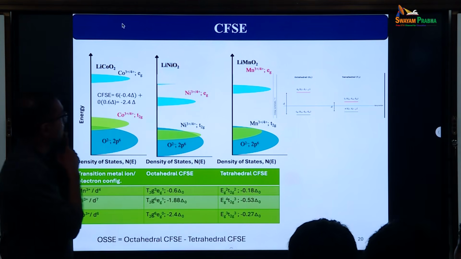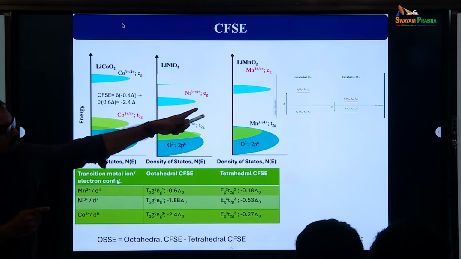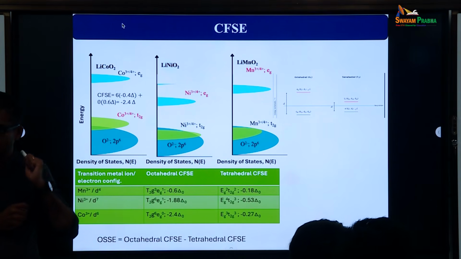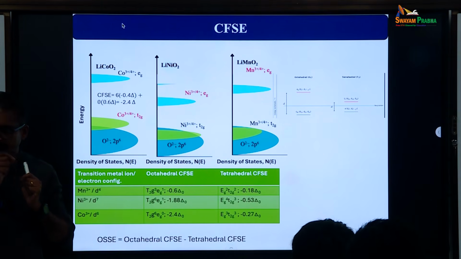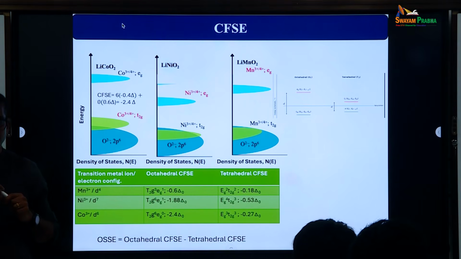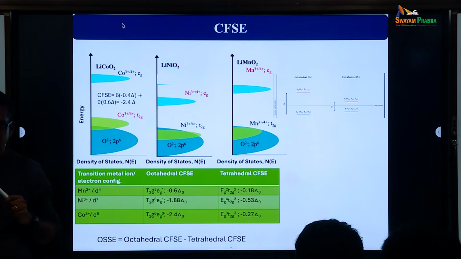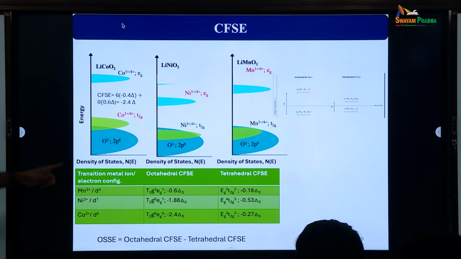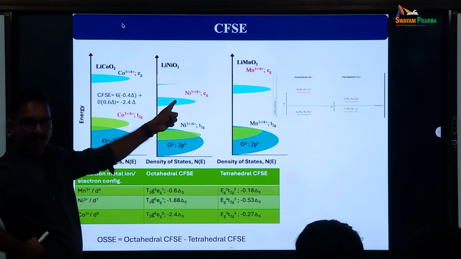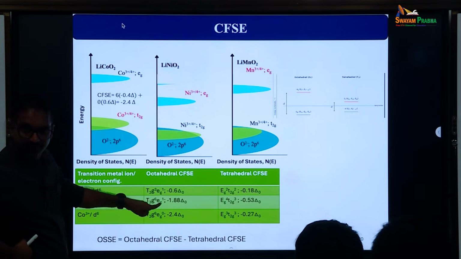Now, as we wrote, if I am trying to pull lithium out, every time one lithium comes out, one electron has to come with the lithium. Where is the electron coming from? From the transition metal. So in this case it will come from this band, in this case from this band, because that is the highest energy.